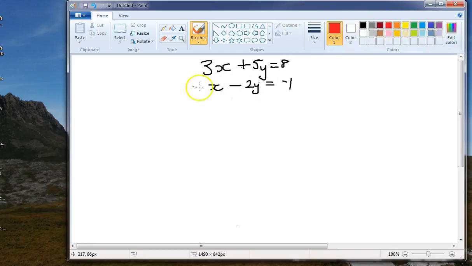So our first instruction is going to be, after we label our equations, multiply equation 2 by 3.